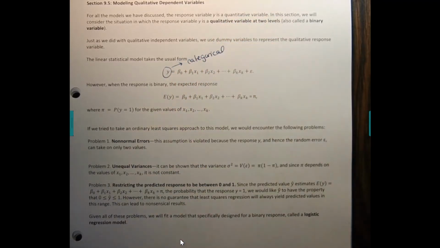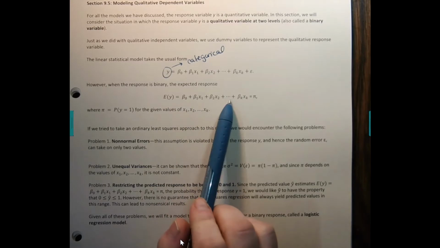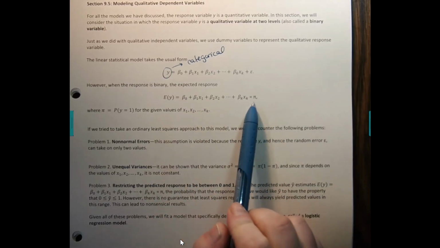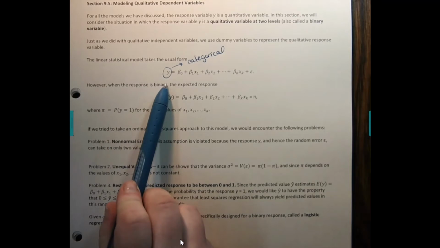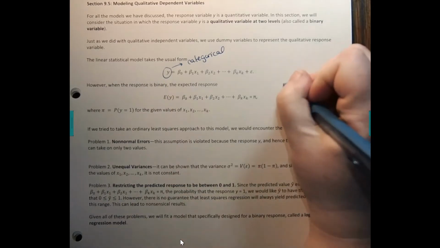What changes is the expected response. Before, we had the expected value of y equal to this, but now we're going to set that equal to pi. The reason we set that equal to pi is that it is going to be equal to the probability that y is equal to 1. And remember, y is a dummy variable, so y can only be 0 or 1.